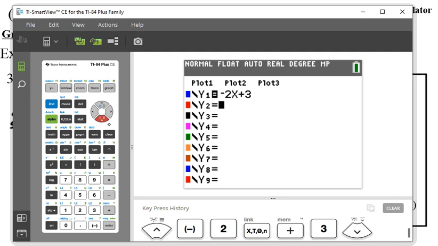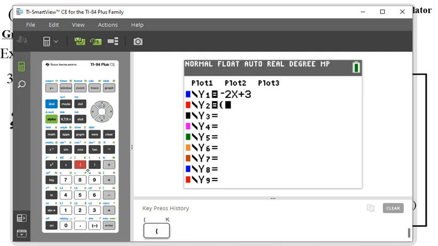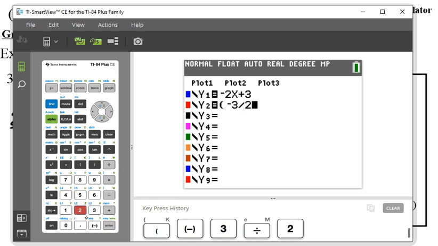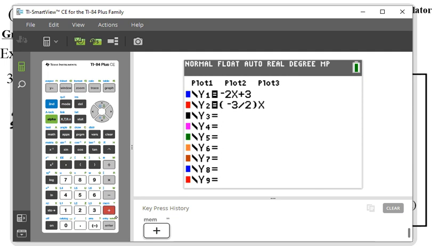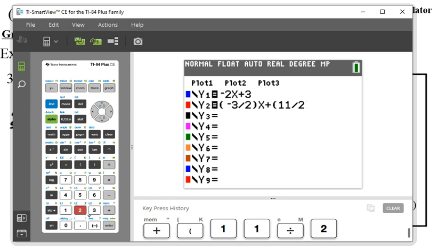Remember to put in the fraction negative 3/2, bracket, negative 3 divided by 2, bracket, with the x, plus 11/2, bracket, 11 divided by 2, bracket. Brackets around your fractions to keep them as fractions. At that point, there's my 2 equations.